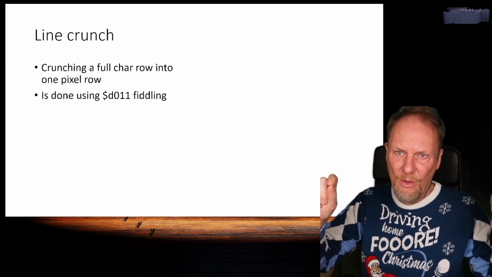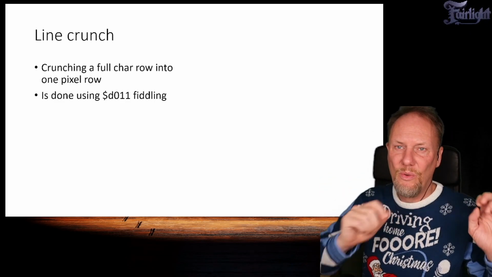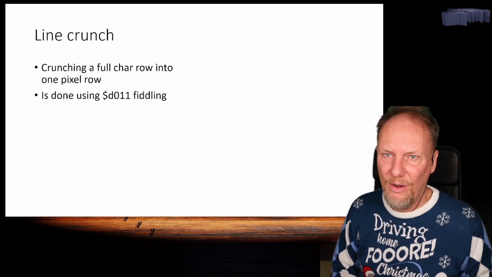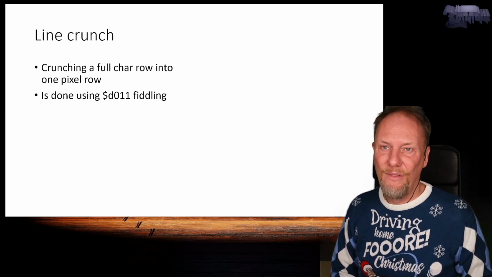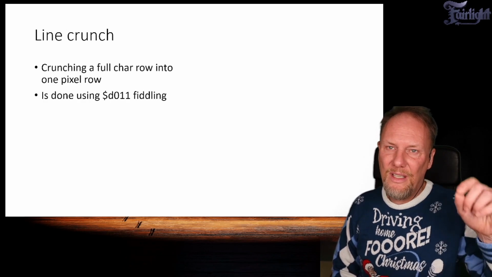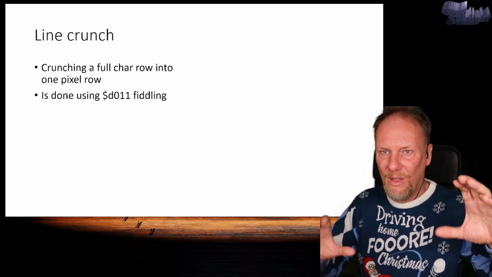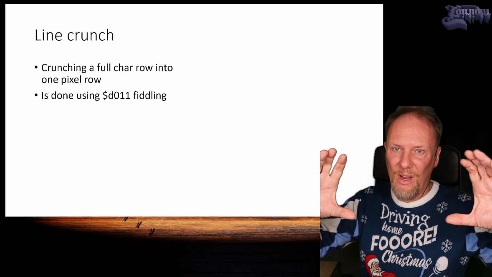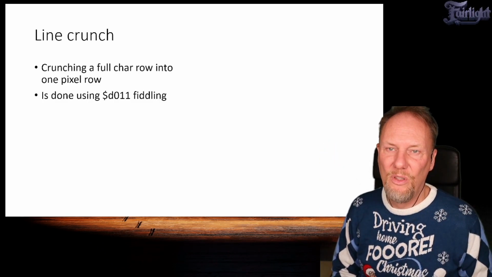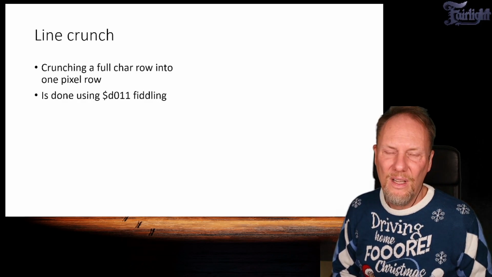So you basically force it to do a new bad line on the next pixel line. And if you do that, then you crunch that one down to only one pixel line, and then you can make the entire screen scroll upwards by crushing the top part using this line crunch thing.